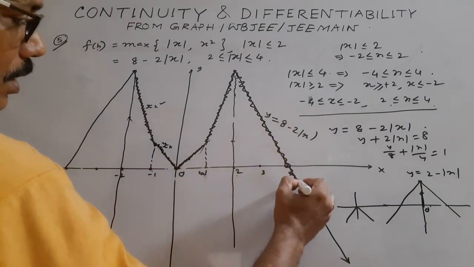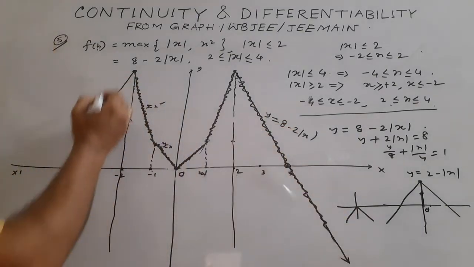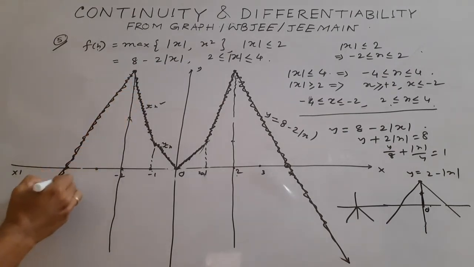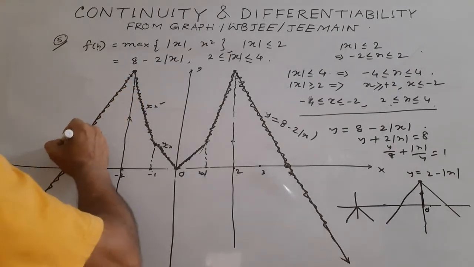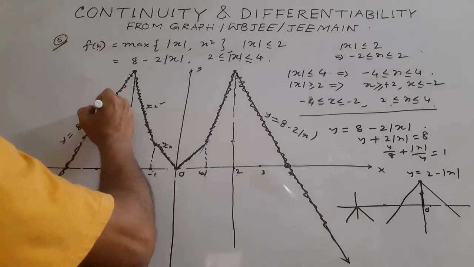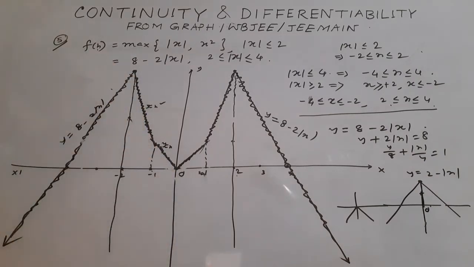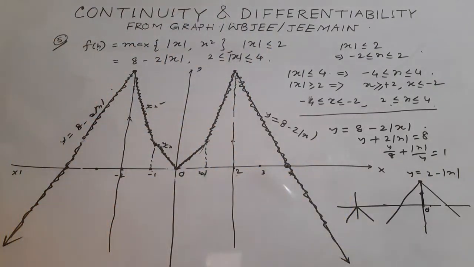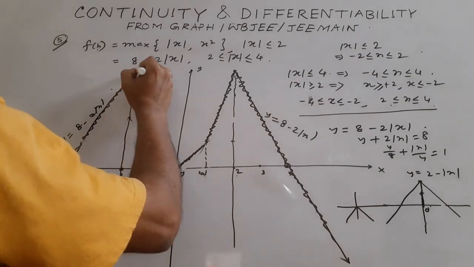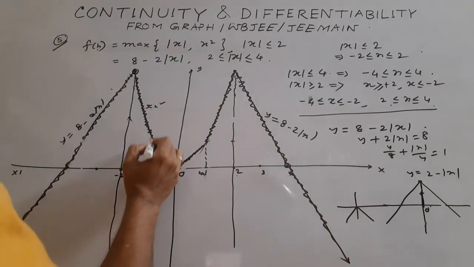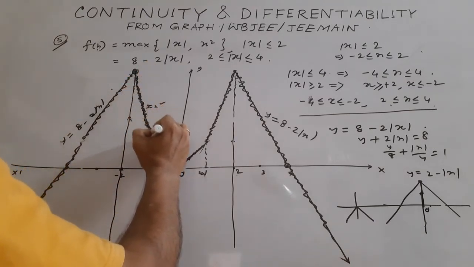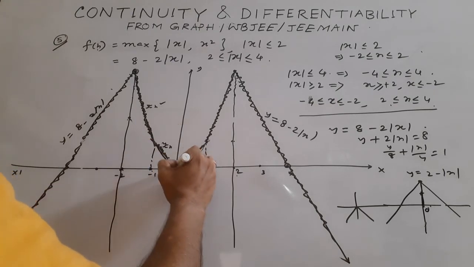And for less than minus 4 you are getting this part. So y equals 8 minus 2 into mod x. So this is the graph, and you look, it is continuous. At x equals minus 2 it has a sharp point. At x equals minus 1, this is a parabolic arch and this is a straight line.